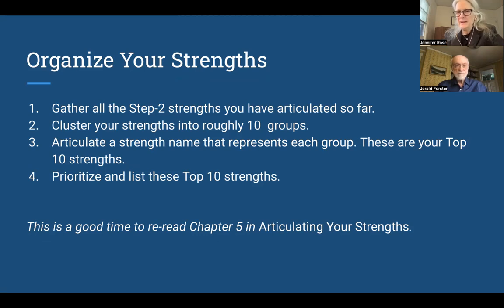Like you were saying, it's the more abstract, but what it is, is an umbrella term that takes in the whole cluster, ideally. And the reason we do this, the reason we make a title or an abstraction or a name for these clusters is because we're working toward a positive identity.